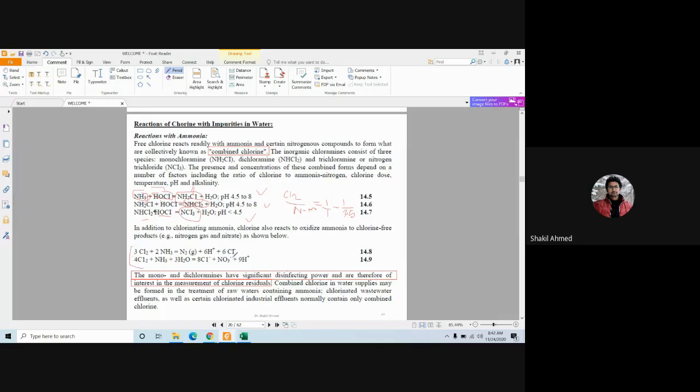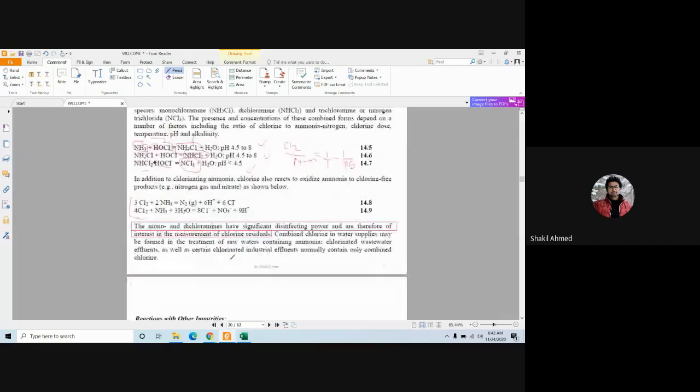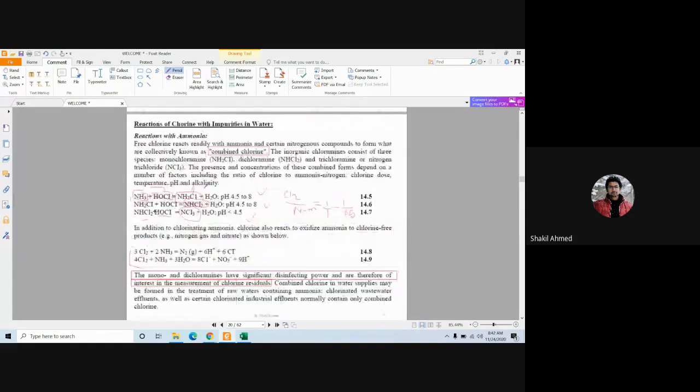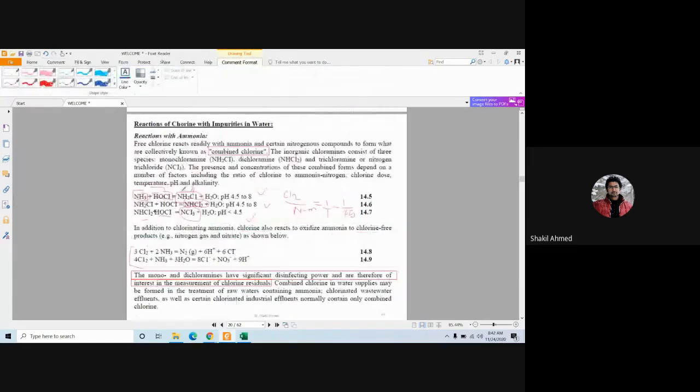Okay, now look at these equations. Here you have monochloramine. Here you have dichloramine. Here you have trichloramine. Am I right? Yes, sir. Now, among these three species, only monochloramine, this one, and dichloramine, this one, act as disinfectant.